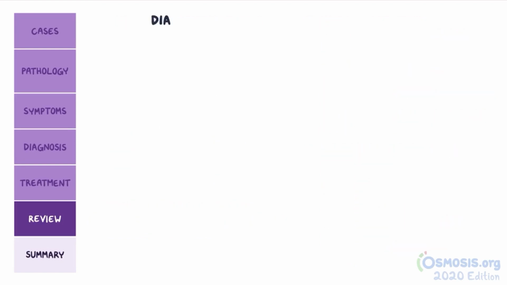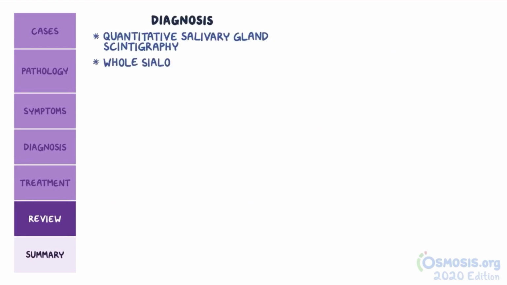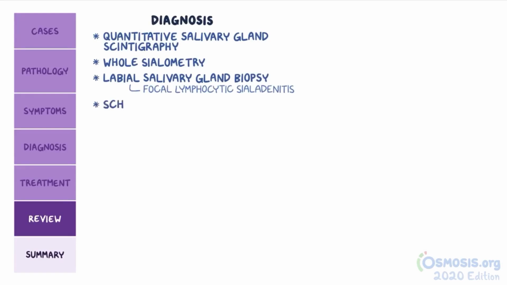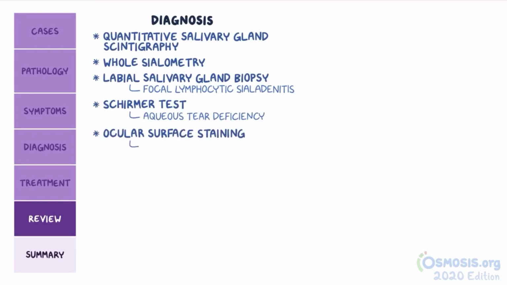Diagnosis is based on clinical findings and on a series of tests like quantitative salivary gland scintigraphy and whole sialometry, which can detect salivary hypofunction, labial salivary gland biopsy, which typically shows focal lymphocytic sialadenitis, the Schirmer test, which can show aqueous tear deficiency, ocular surface staining, showing signs of keratoconjunctivitis, and the tear breakup time.